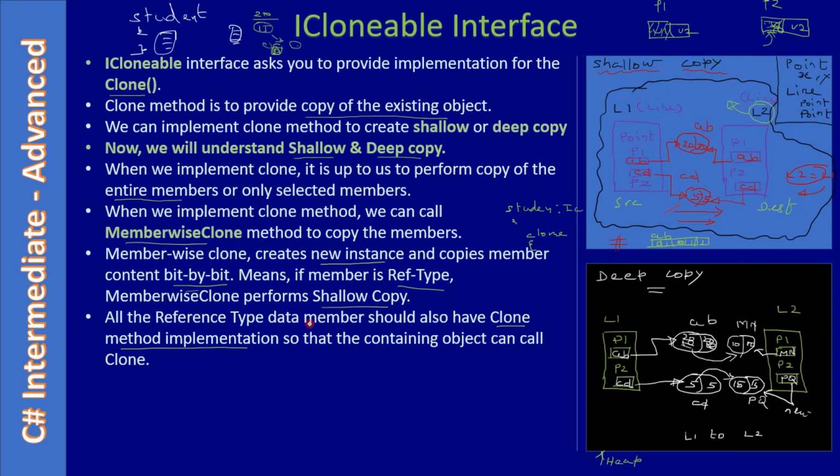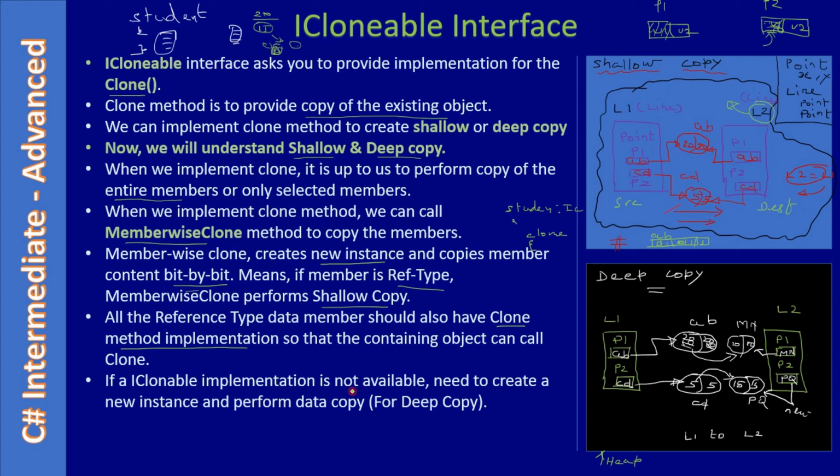So all the reference type data members should also have a clone method implementation, so that the containing object can call the clone method. Containing object in the sense here L1, and if it wants to perform a deep copy, it can make a call to p1.clone, p2.clone. Likewise, it can call a clone method. After that, it can perform a content copy.